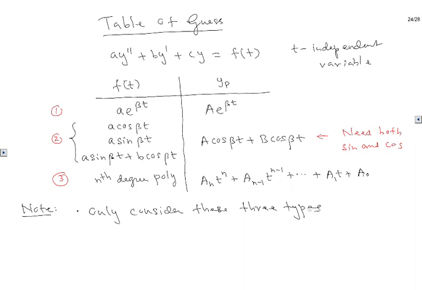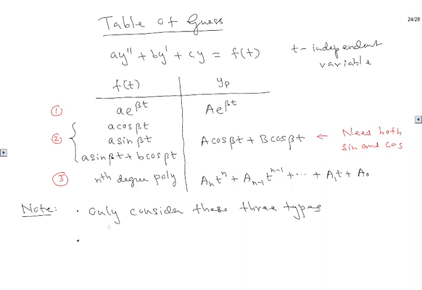And then, if you see a product, here we assumed just one term. How about if you see a product of those types? What we can do is write the general term of the first type, the general form of the second type, and then multiply the two.